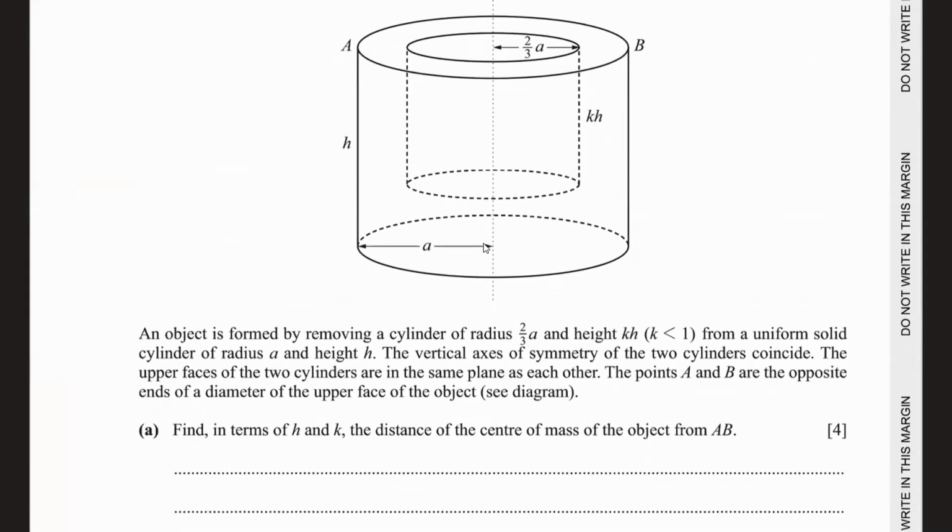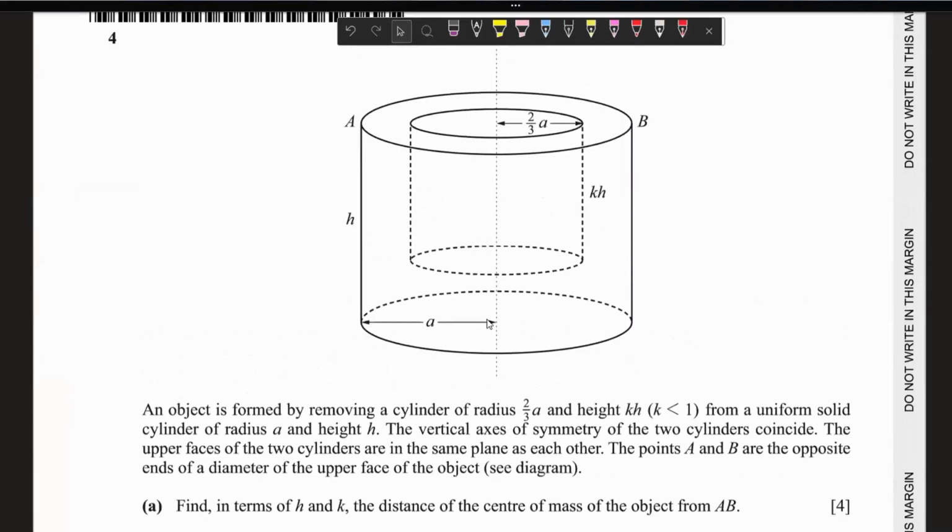Now we're on number 4. On number 4, the question says, an object is formed by removing a cylinder of radius 2/3 a and height kh from a uniform solid cylinder of radius a and height h. The vertical axis of symmetry of the two cylinders coincide.